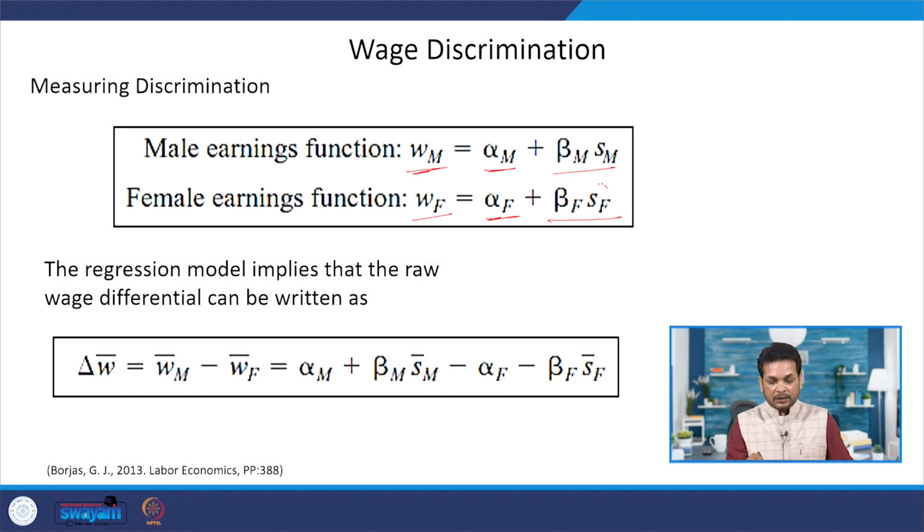Here, Sm and Sf are the number of years of schooling by male and by female. So, the regression model implies that the raw wage differential between these two groups can be rewritten as alpha m plus beta m Sm minus alpha f minus beta f Sf.